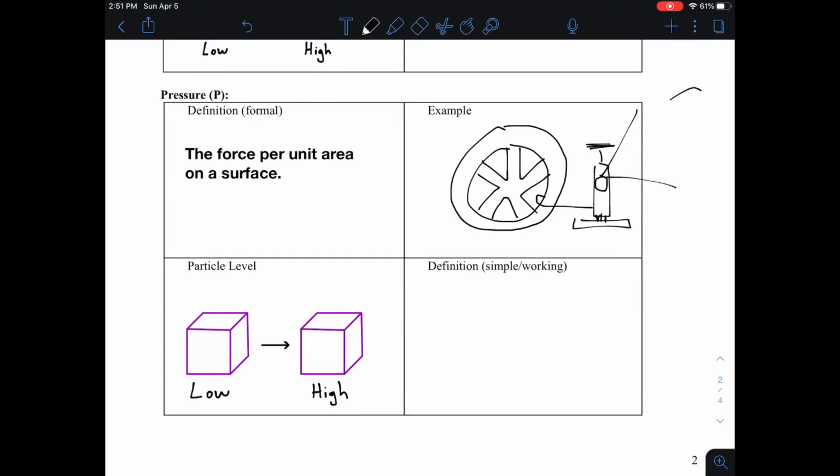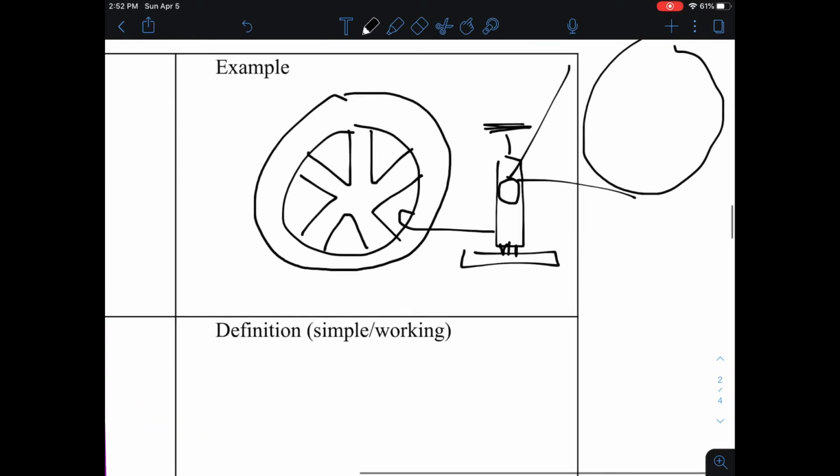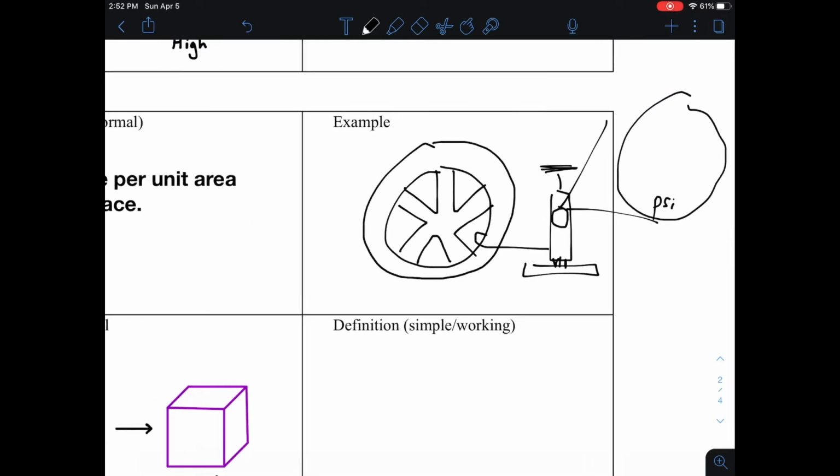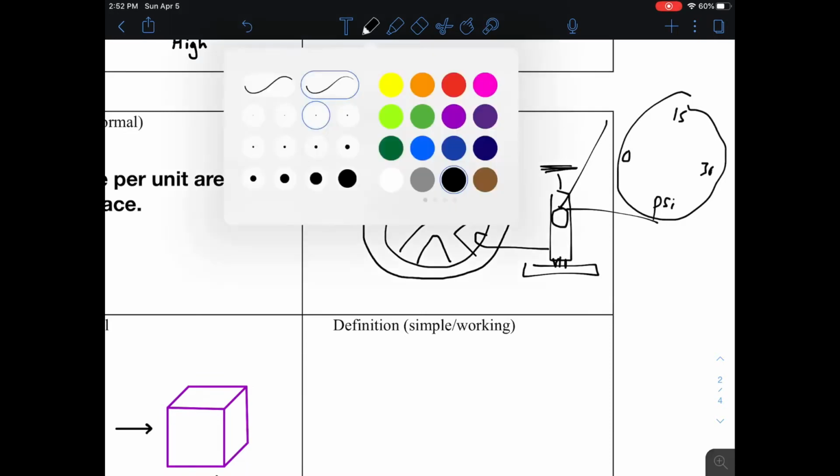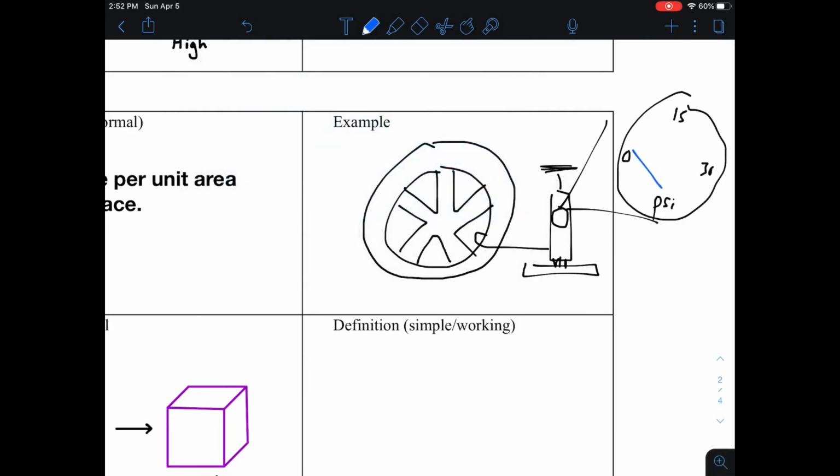I'm just going to blow that gauge up a little bit so you can see it. You might see a unit of pressure on there, PSI. It's not used very often in chemistry. We have other units for pressure that we use, but they're all saying the same idea. So you might see like 0, 15, 30. And if this is truly a flat tire, we're probably going to see that gauge close to 0.